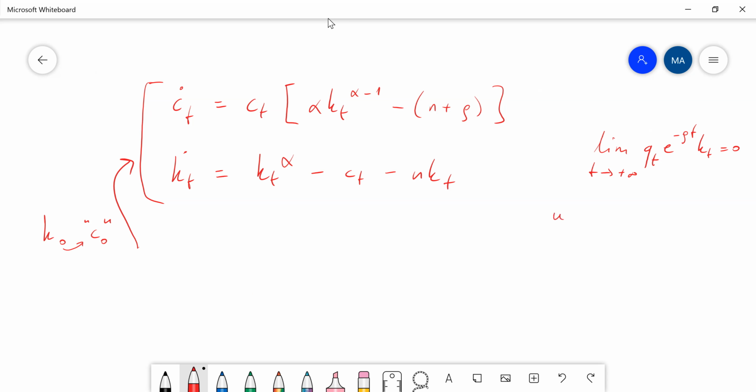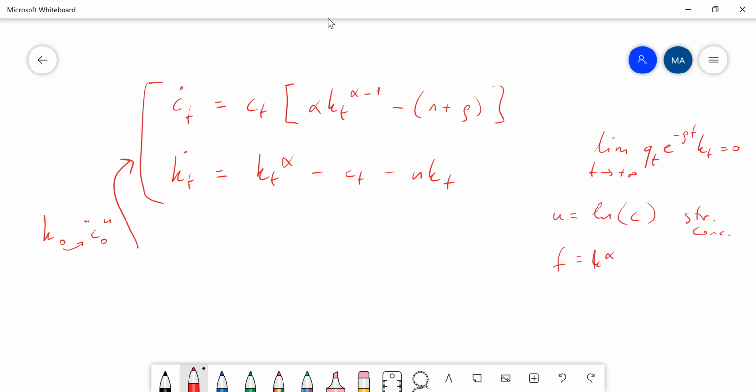All right? And if at the end I have this condition satisfied, this is a solution. Why? Because U is logarithmic, so it is strictly concave. And F is Cobb-Douglas, so the constraint itself is also a strictly concave function.